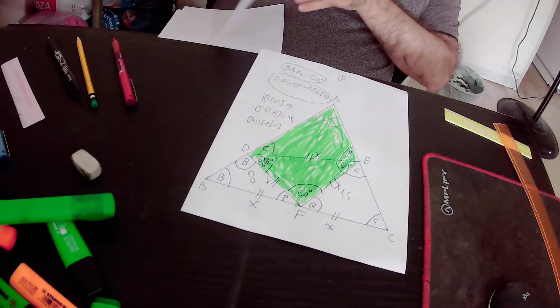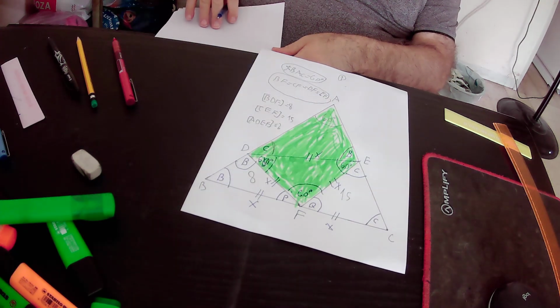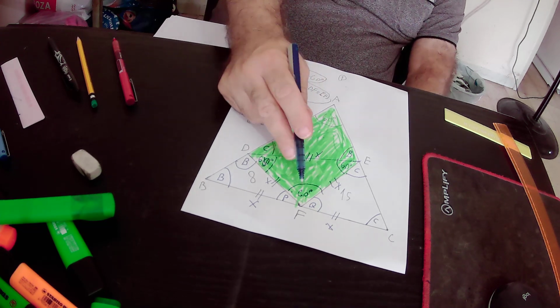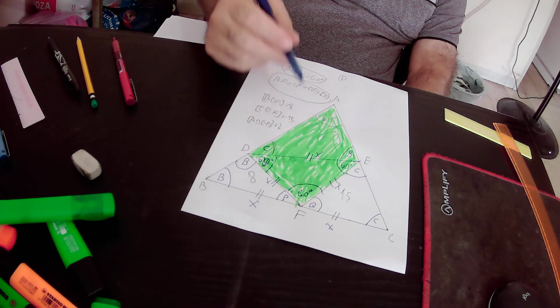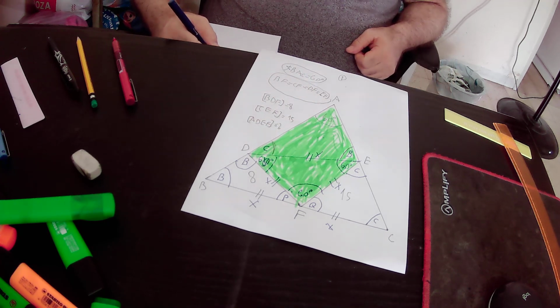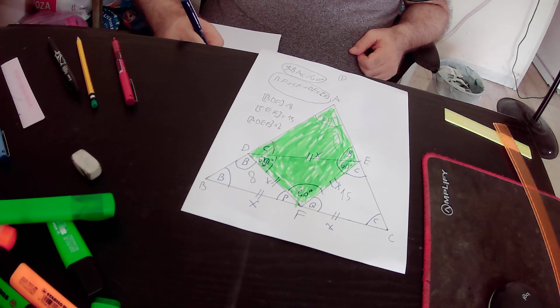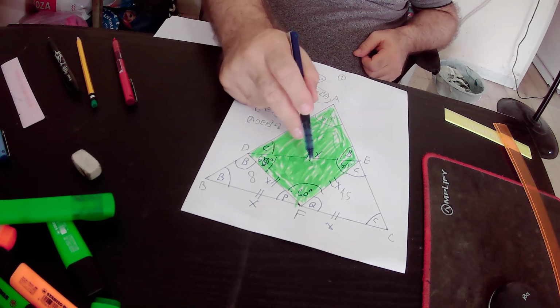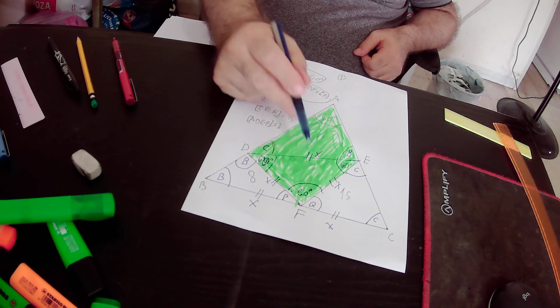Now we will calculate the area of the equilateral triangle EDF. According to the formula that I presented to you, the area equals x times x, that is x squared, times sine 60 over 2.